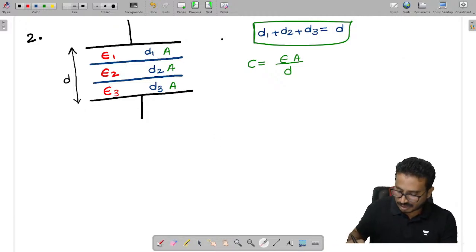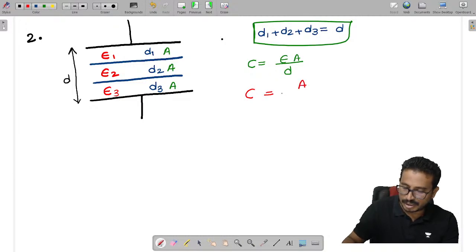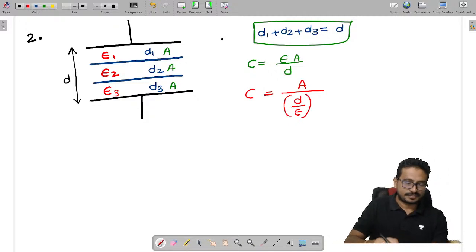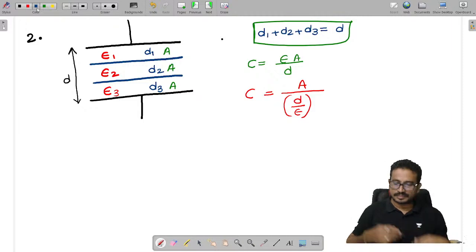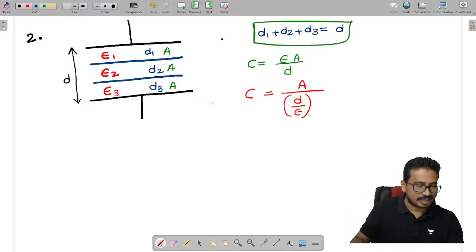Now I can modify this formula, C equals A by d by epsilon. Can I write it like this? Yes, because d and epsilon change, so I grouped them. These two are variables, these two are friends. Separate the friends, so group d by epsilon.